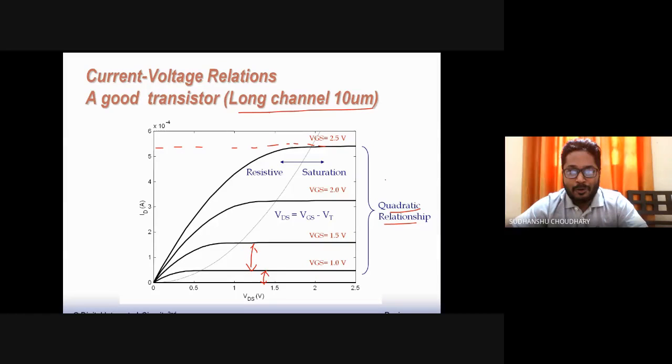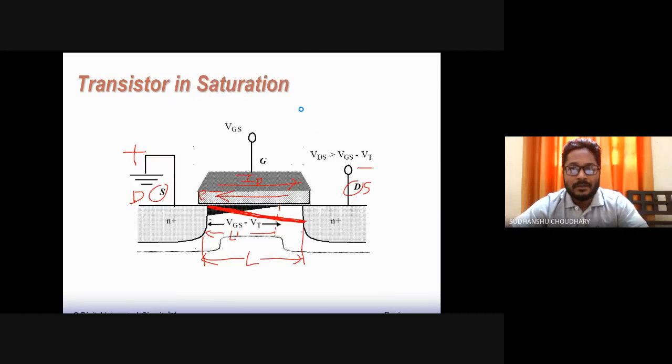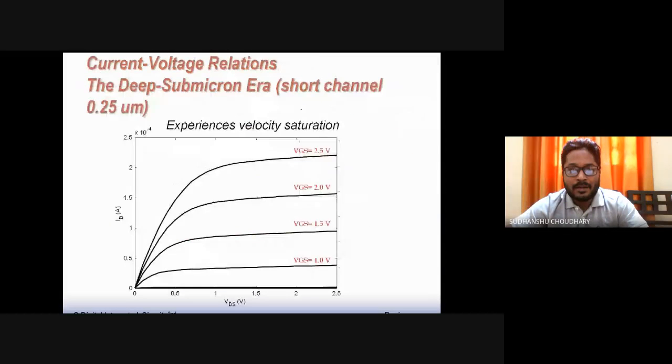Now, we come on to the short channel device. A short channel device may be somewhere around 0.25 micron channel length. The IV characteristic is almost similar, but here you will find the short channel effects. One of them is velocity saturation.